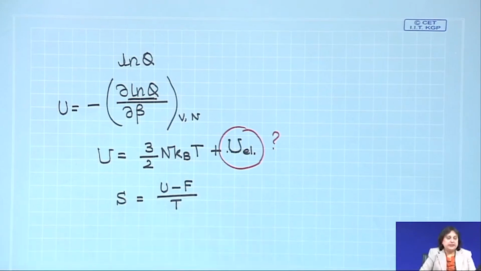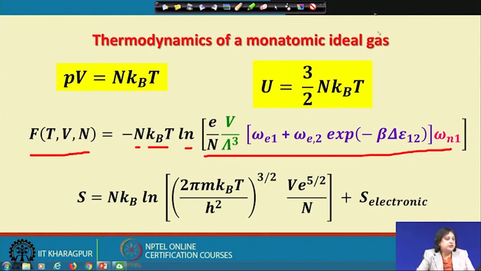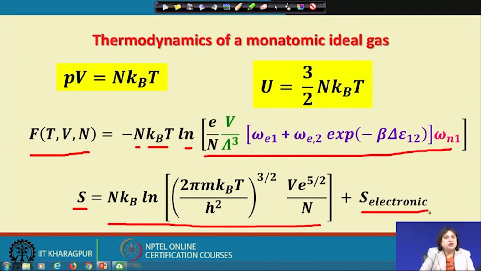So, if I do that, then it is possible for us to show that the entropy of the system, that is the absolute value of entropy, can be written in terms of these quantities plus a term which depends on the electronic structure of the atom.